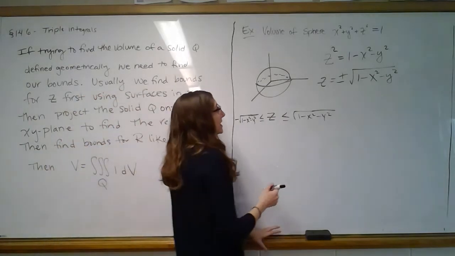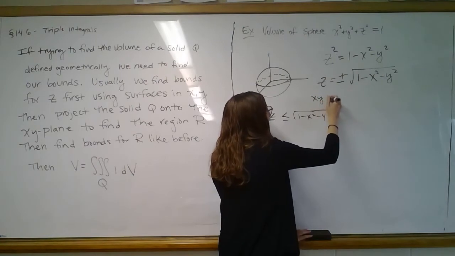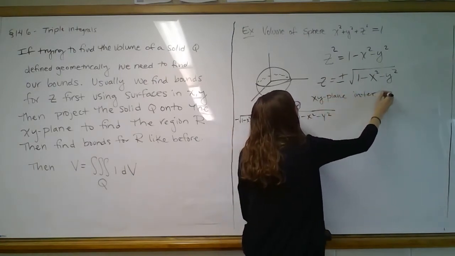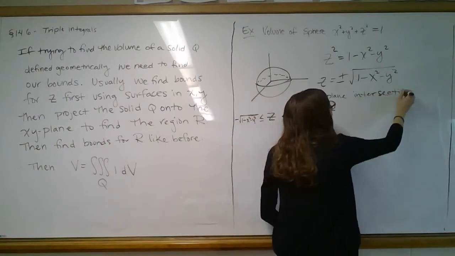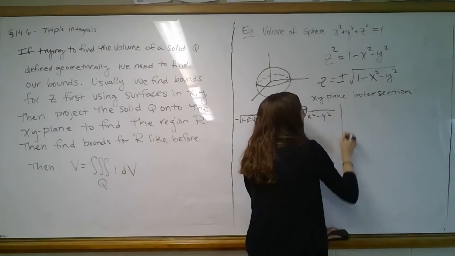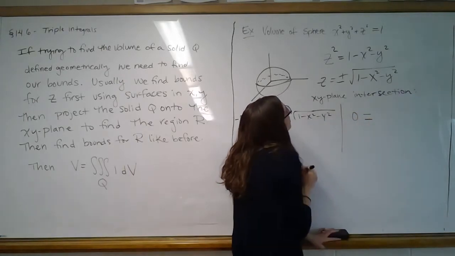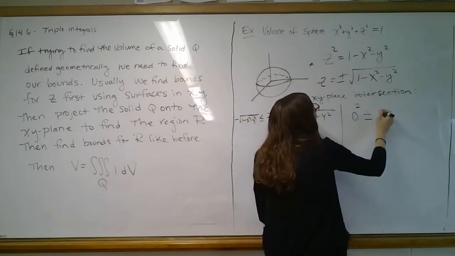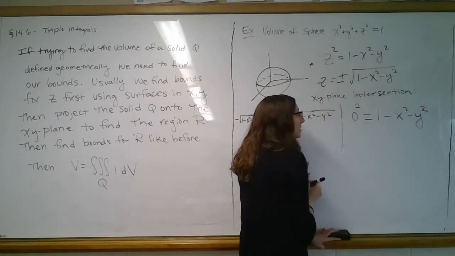So if we look at when z is 0, that's on the xy plane. So if we intersect it with the xy plane, we let z be 0, so then 0 squared would be 1 minus x squared minus y squared.